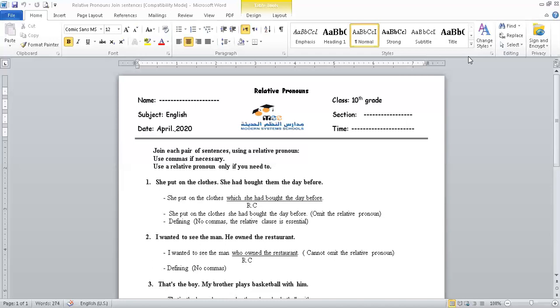No commas are used because the relative clause is essential. كيف عرفنا إنه relative clause is essential? The relative clause which she had bought the day before. If you say she put on the clothes and you stop, خلاص, and you delete which she had bought the day before, this is not enough information to define the clothes. Which clothes?